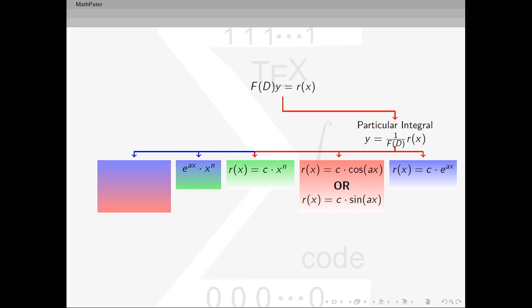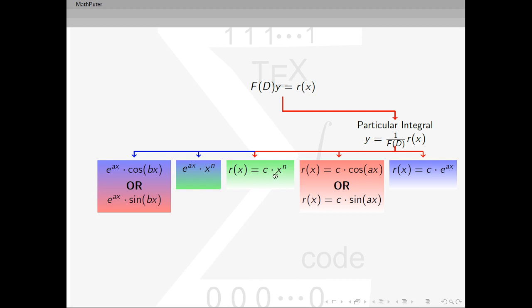The next combination is blue color with red color. So exponential with trigonometric function, e raised to ax into cos bx. Please make sure here we have another constant b. Otherwise, if I write the same constant, then it is a fixed constant, but we have two different constants, one for the exponential and another for the trigonometric, or we have the combination e raised to ax into sin bx.